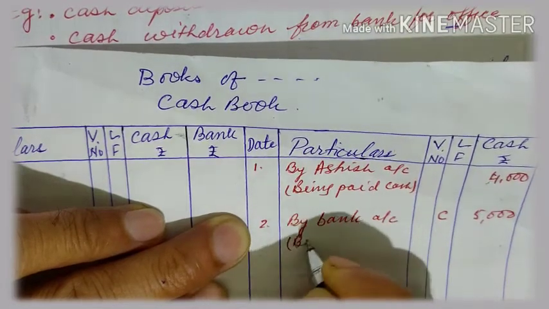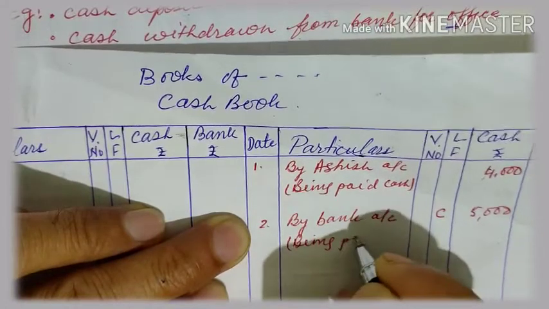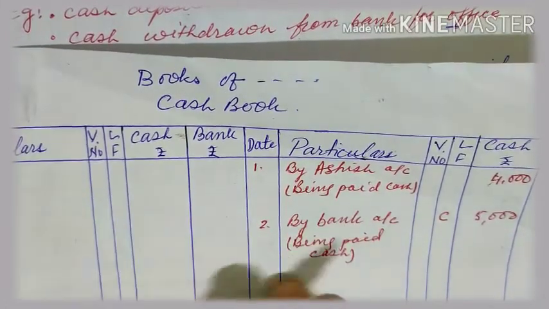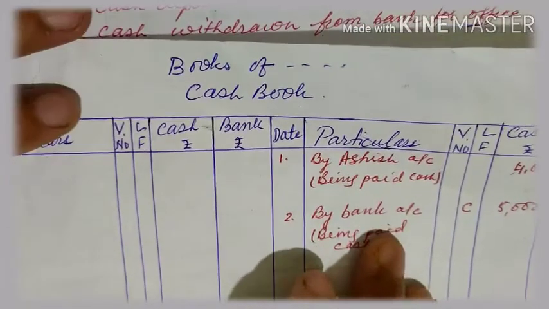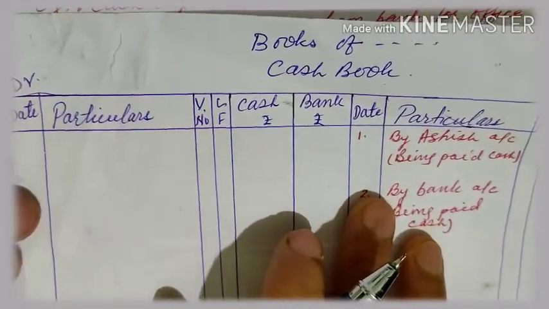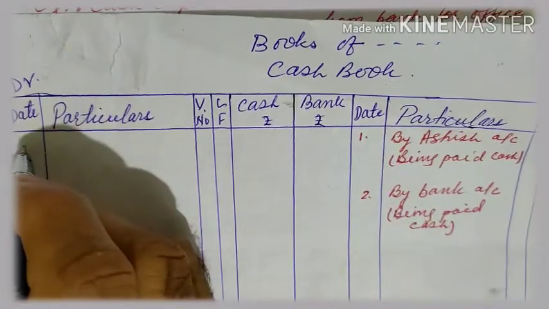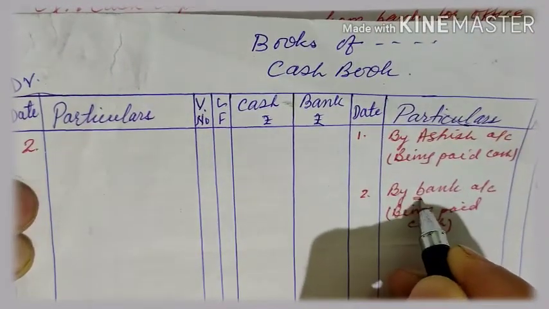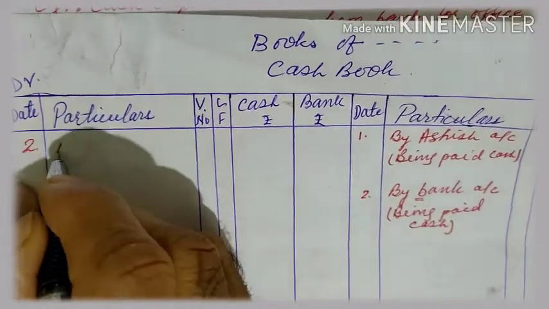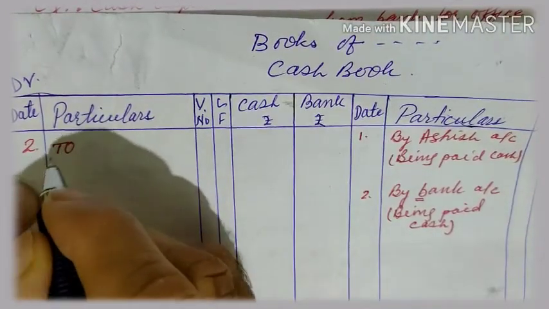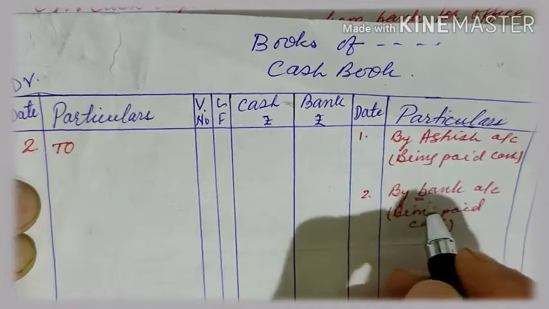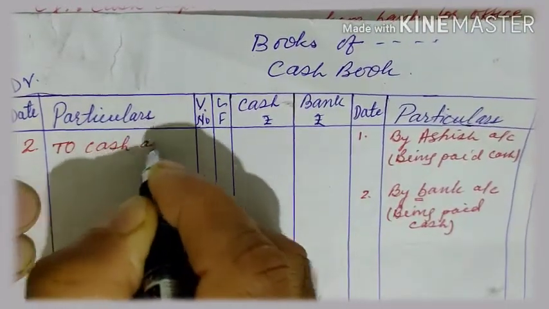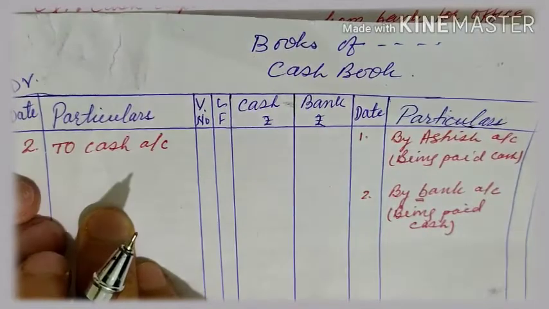So here this is called narration, being paid cash. Now again you need to make one more entry. This entry has to be made on both the sides. So here it will come on the debit side. Now since here we have written by bank account, so on the debit side we start with the word to, and what is paid to bank? Cash is paid to bank, so to cash account, because the cash is paid to bank.